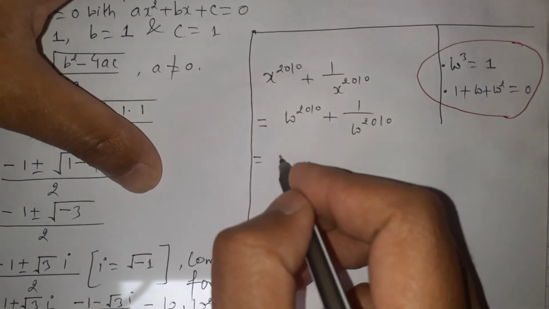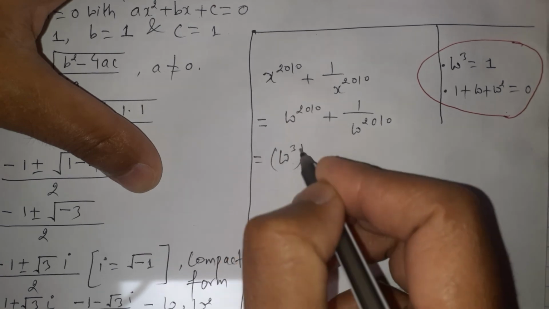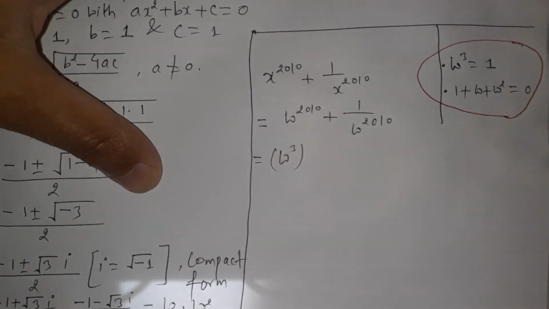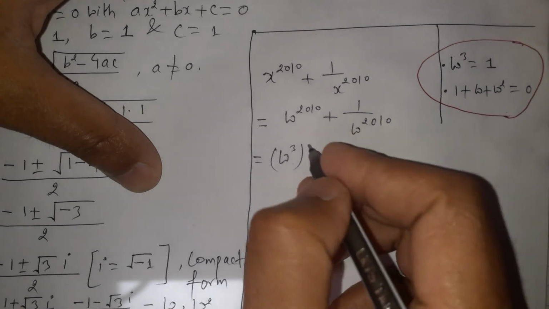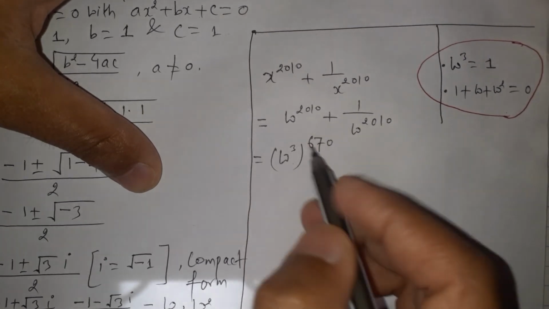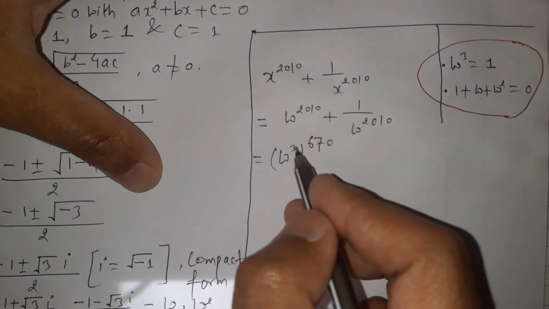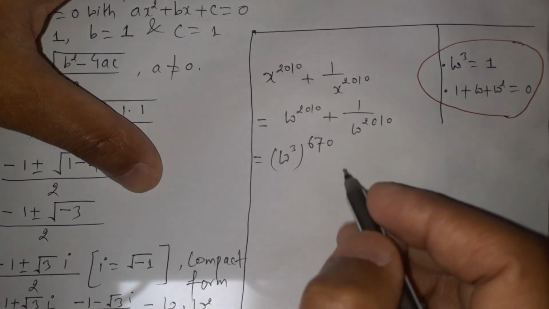This can be written as omega cube raised to the power 2010 divided by 3, and 2010 divided by 3 gives the number 670. Here we split the power 2010 into two factors, 3 times 670, using the laws of indices.